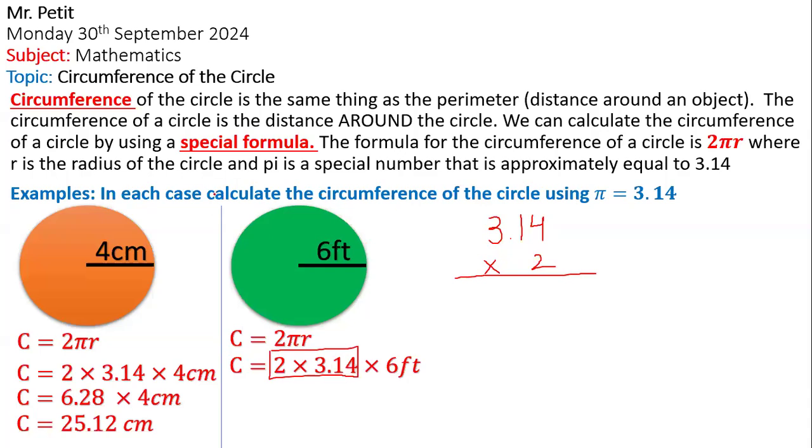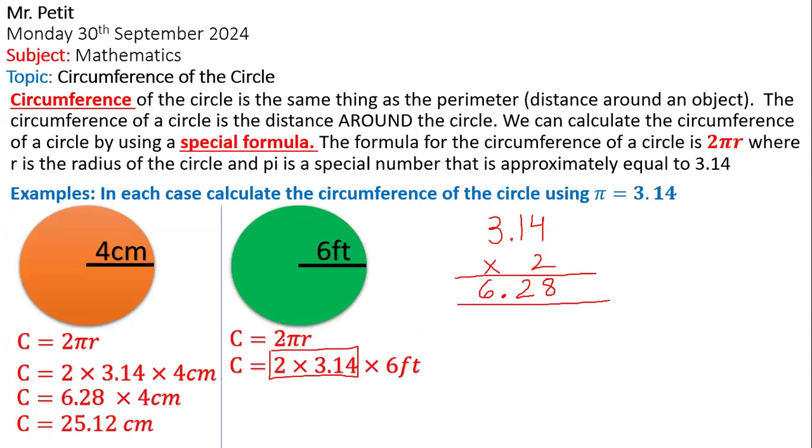Work it out with me. 2 times 4 is 8. Very good. And 2 times 1 is 2. And then 2 times 3 is 6. There are 2 decimal places, so it's gonna be 6.28.